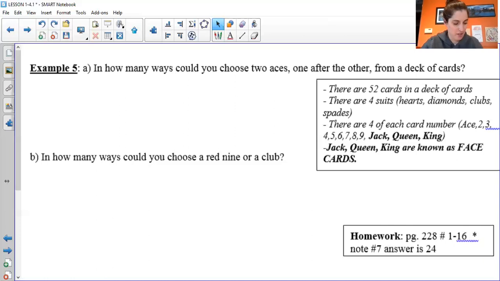So there's 4 kings. I found 3 of them here. See if I can quickly find the 4th king. So I have 4 kings. Okay. If you ever see face cards, there's a jack, queen, king.